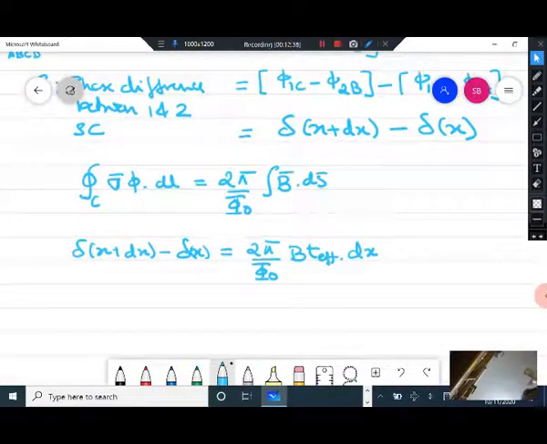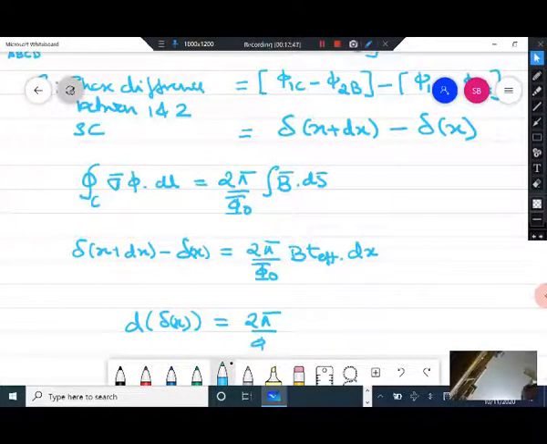Or d of delta is equal to 2 pi by phi naught times B T effective times dx.